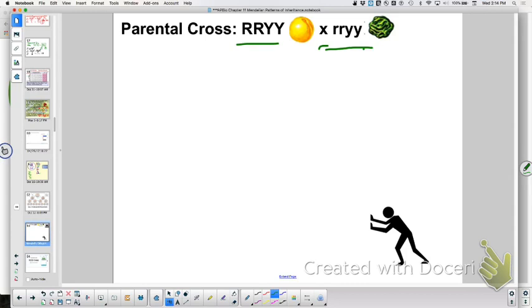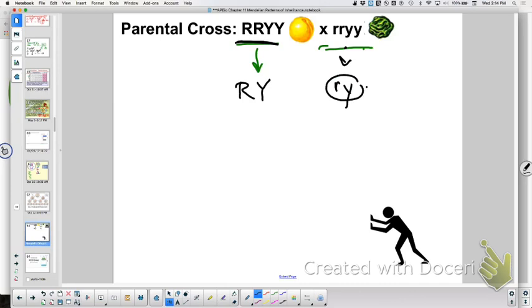Now, tell me, what are all the different gametes that this parent could make? One. There's only one option. What is the one option? Big R and, you see, you can FOIL that all day long. You're going to get the same four things, right?